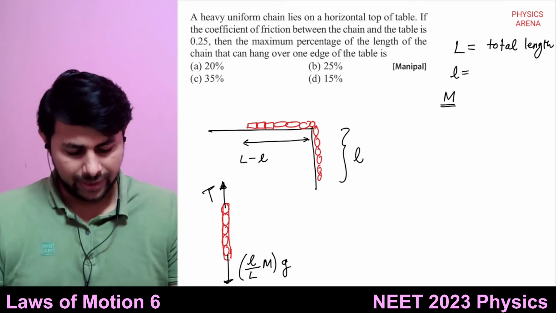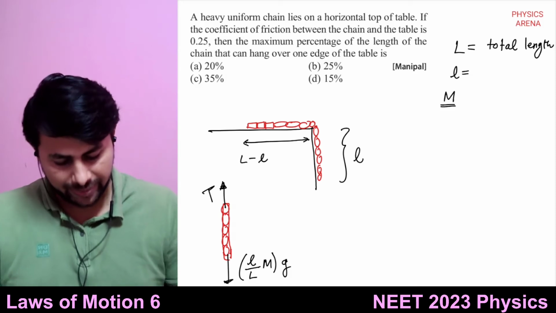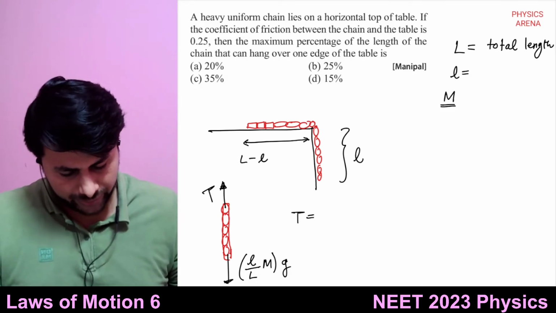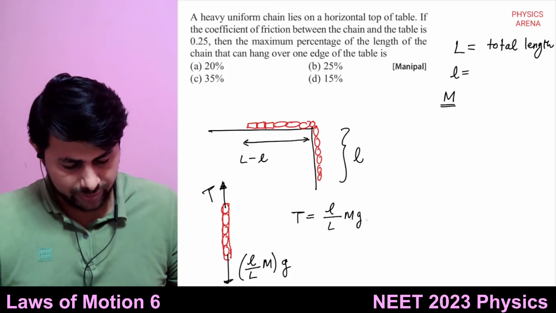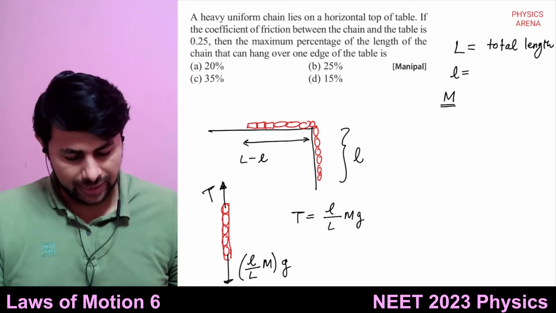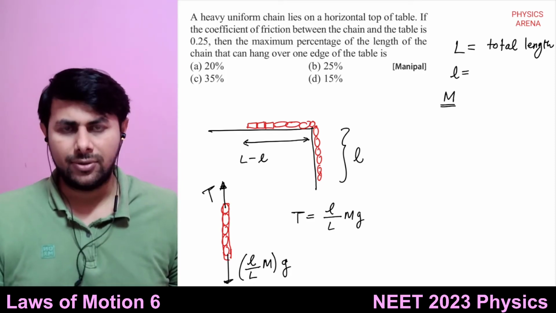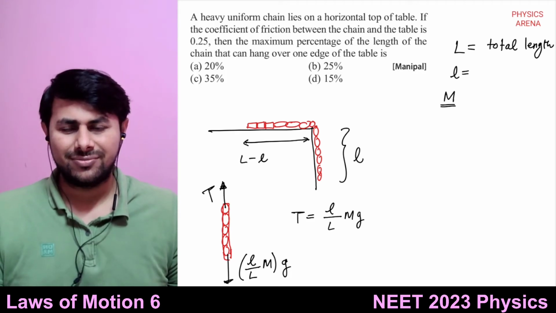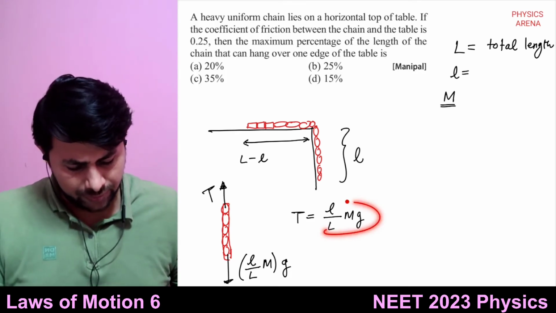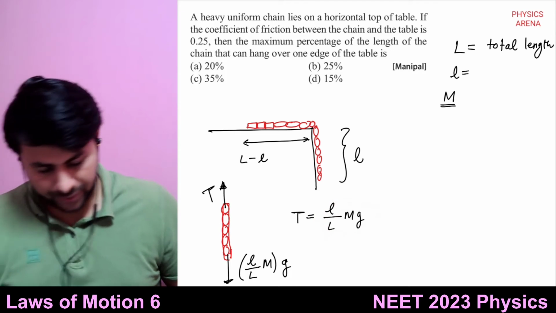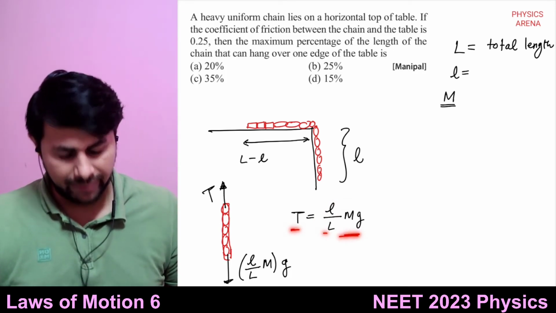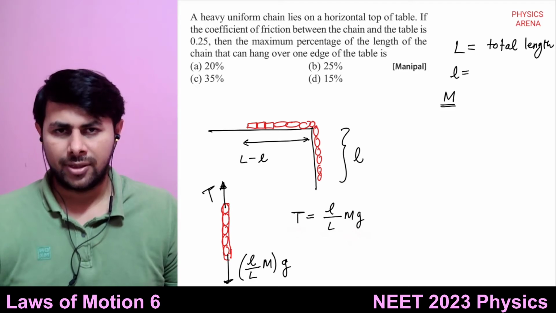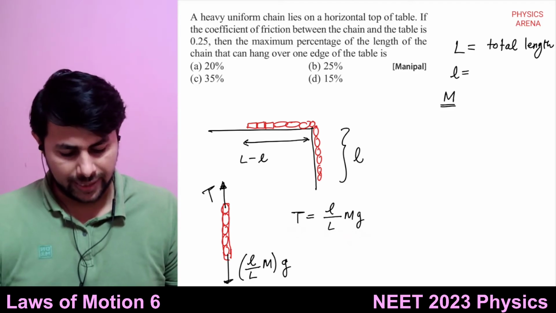Okay, and if it doesn't fall, that means the tension is equal to its weight. So T is equal to l upon capital L multiplied by Mg, if it doesn't fall, right?